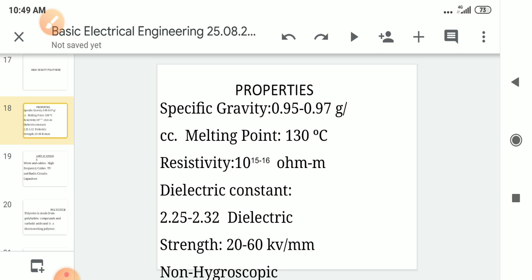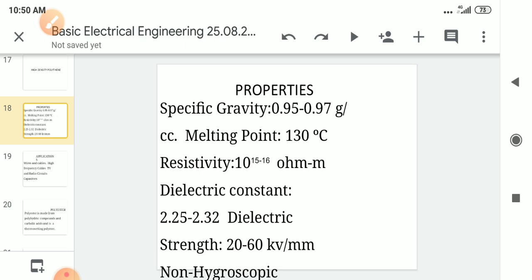So let's see what the applications are, by observing its properties, for which type of applications it is used. Here the melting point is only 110 to 130 degrees centigrade.